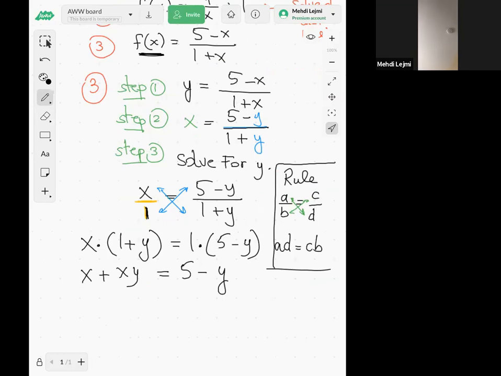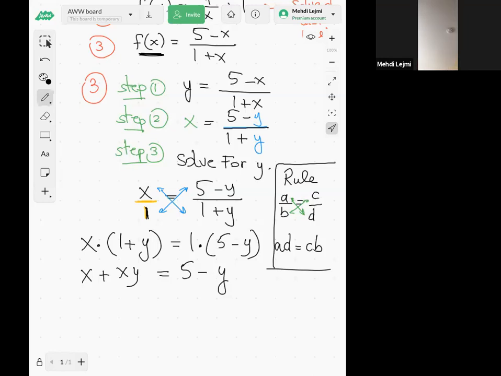So now, the goal, guys, is you want to solve for y. So there's a problem here because we have y on the left side and y on the right side. So what we do in this case, when you have your variable on the left and on the right side, is you move your variable to the same side, all right, and everything else to the other side.